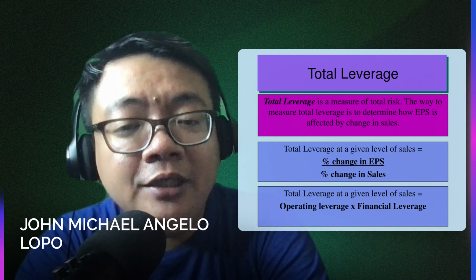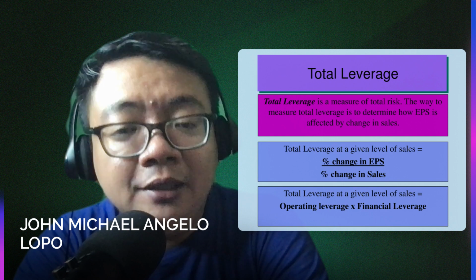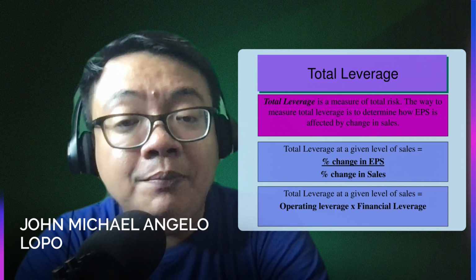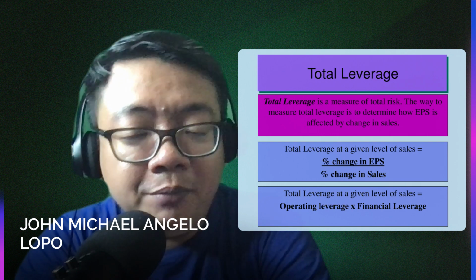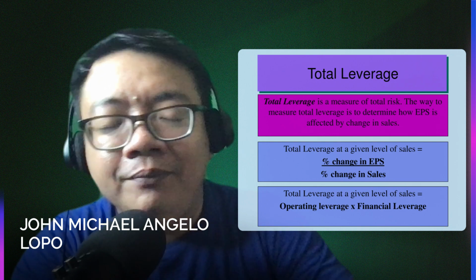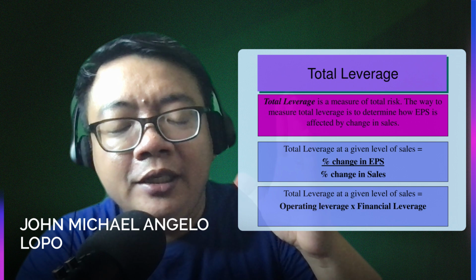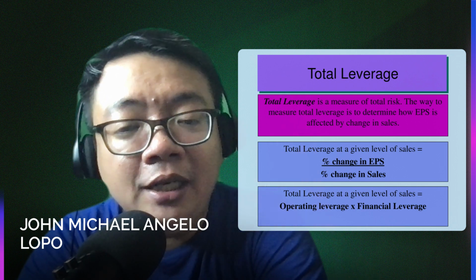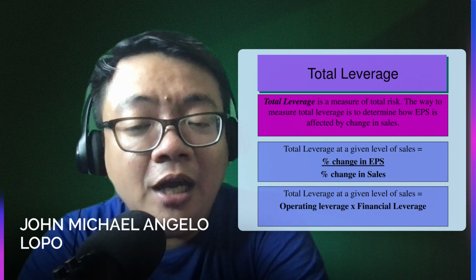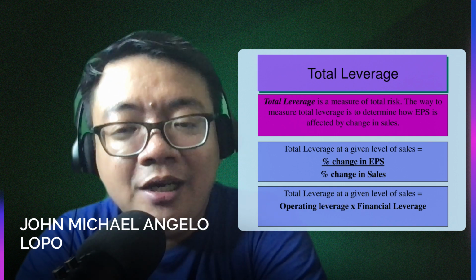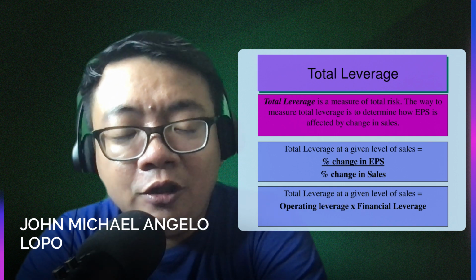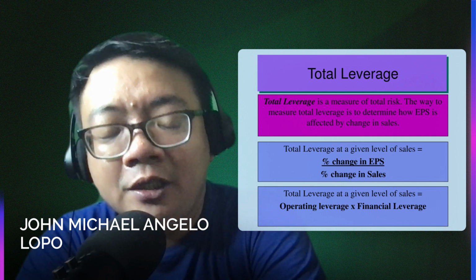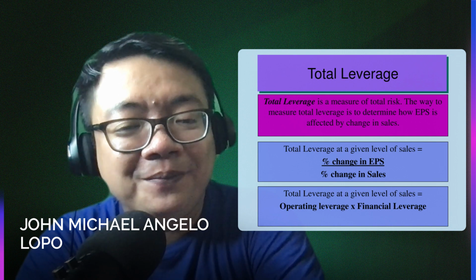Percentage change in EPS divided by percentage change in EBIT. So the percentage change in EBIT cancels out. That's why the formula of your total leverage is the percentage change in EPS divided by percentage change in sales.